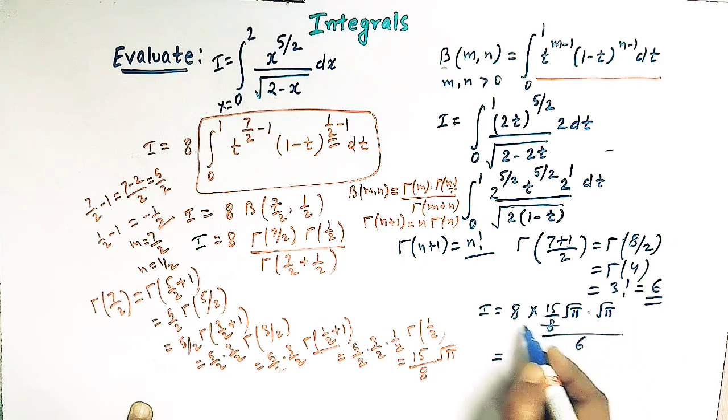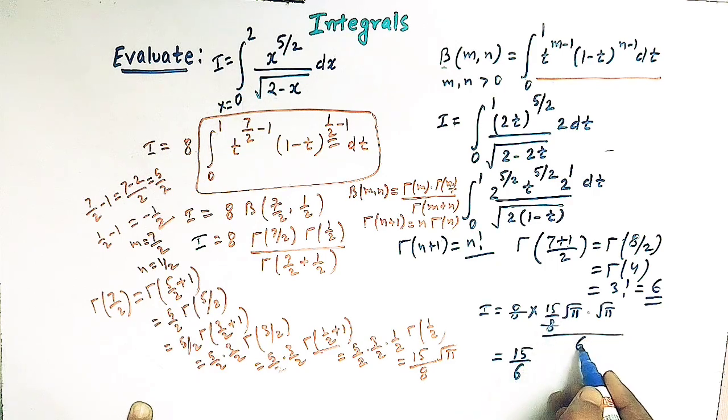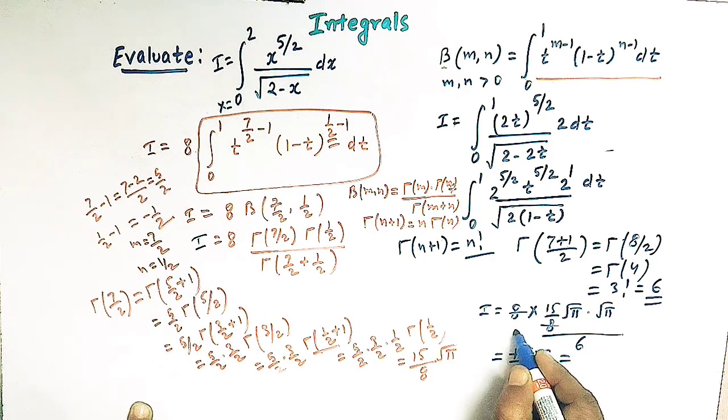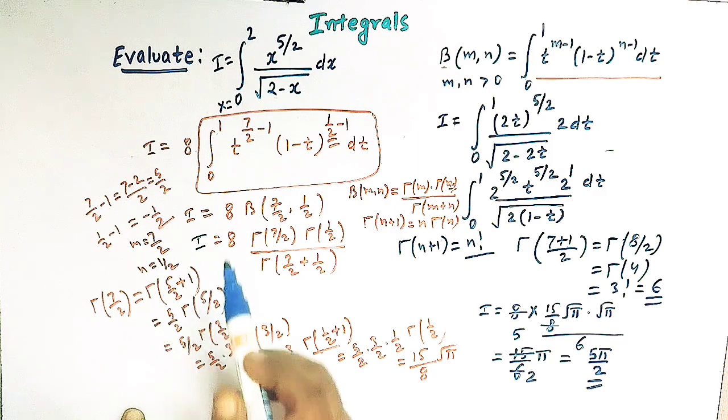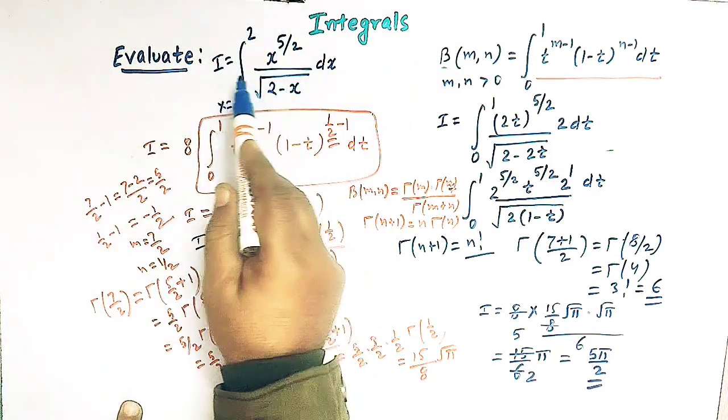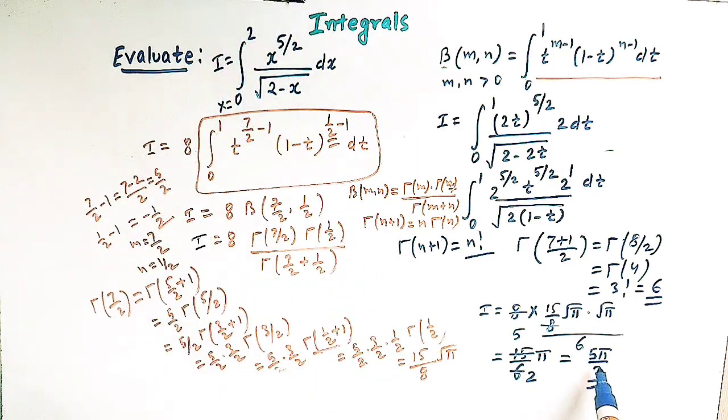So now this 8 and this 8 get cancelled, and we have 15 over 6. Root pi times root pi is pi, and again simplifying, this is 3 times 5, and 3 times 2 is 6. So we have 5 pi over 2, right? So viewers, the value of this integral I is 5 pi divided by 2.